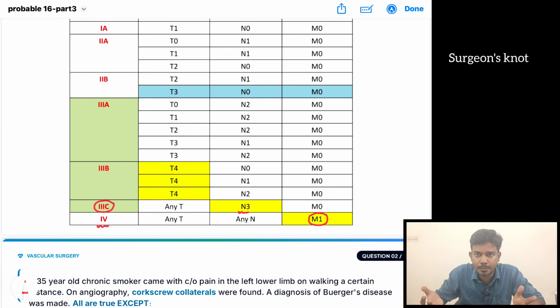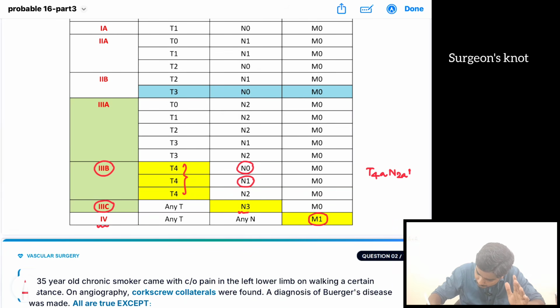Whatever T is, even with M0, if N3 is there, it is 3C. Then there is 3B. In 3B, apart from N3, whether or not there is node involvement, if it is T4, either T4A, B, C or D, then it is 3B. Here it is T4A, N2A and M0.